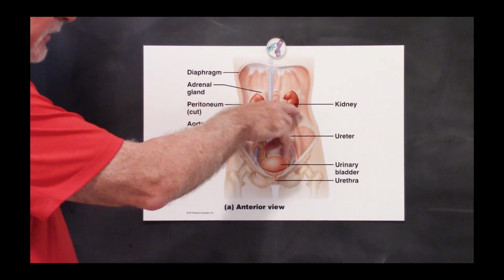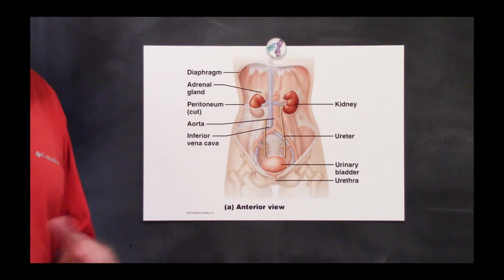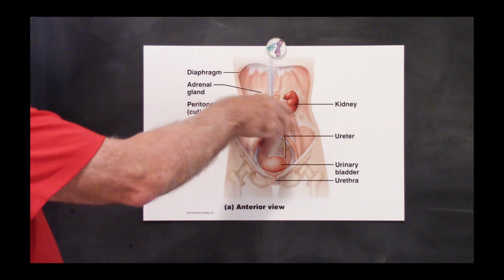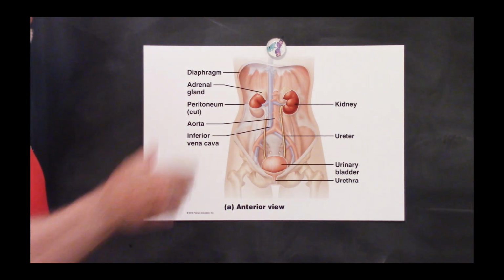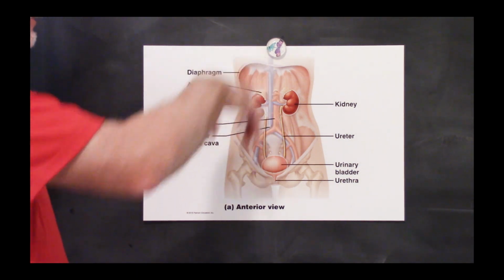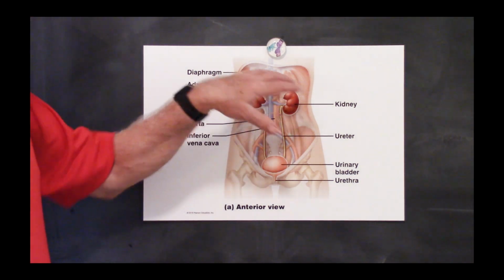This would be a renal artery and a renal vein. The renal artery coming off the abdominal aorta, and the renal vein carrying blood from the kidneys into the inferior vena cava. So on top of the kidneys would be the adrenal glands.